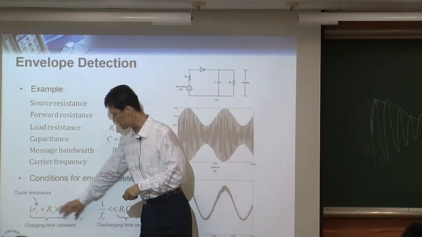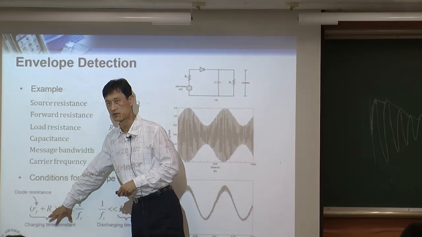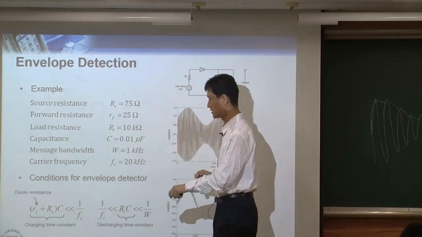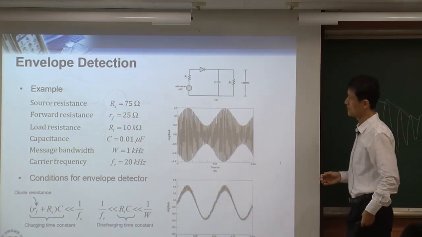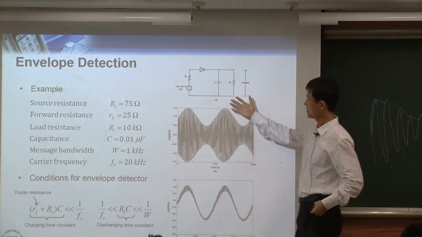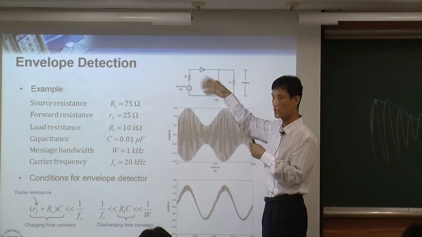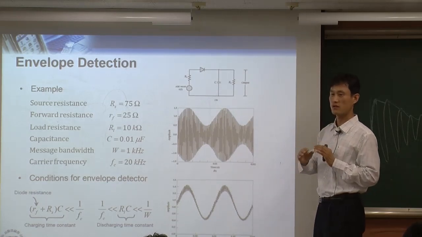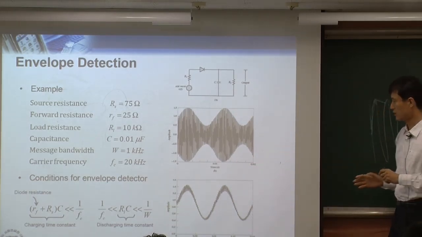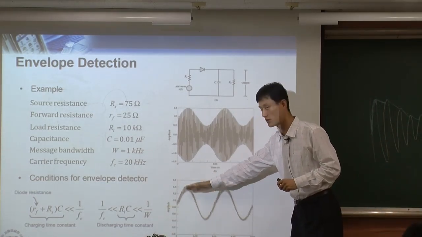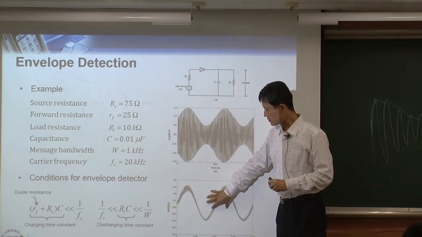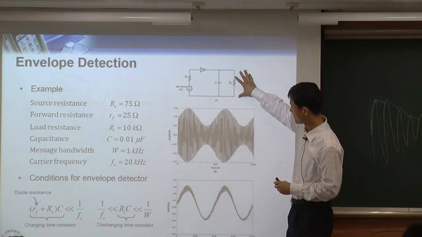And this part is for the charging time constant. You want to make the charging constant like that. So the idea is charging it quickly and discharging it slowly. That way you get this output here.